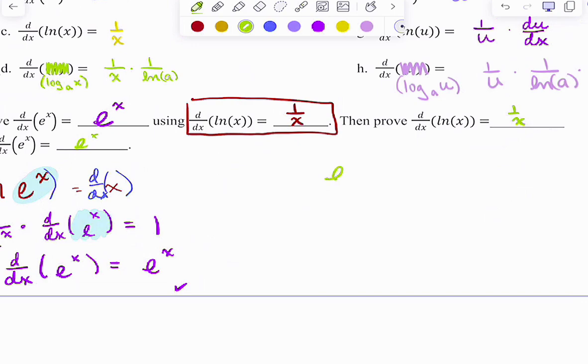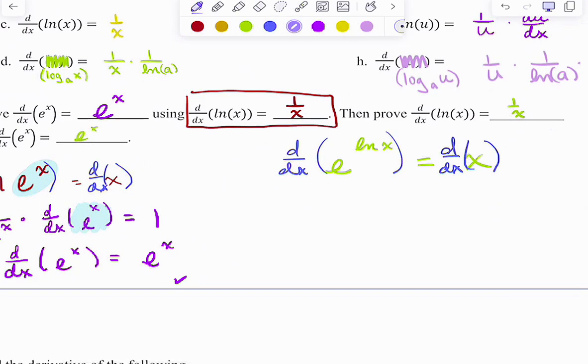If I'm starting with e to the natural log of x, and we know that that equals x, if I apply the derivative on both sides, perform the operation, the derivative of e to the x is e to the x, but then we have to do the derivative of the inside.